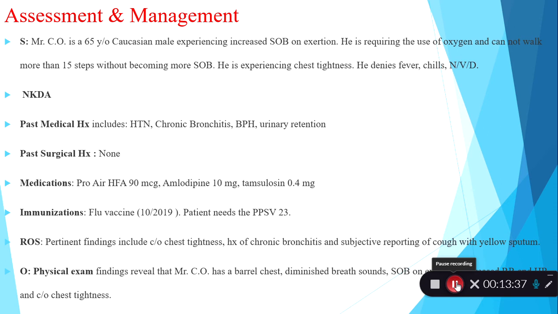In reviewing his respiratory status, he has a positive history of chronic bronchitis, shortness of breath, yellow sputum production, chest tightness, oxygen use, and family history of asthma. He also has a positive use of ProAir inhaler.